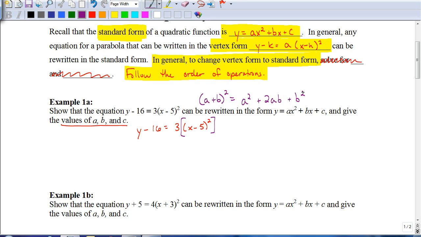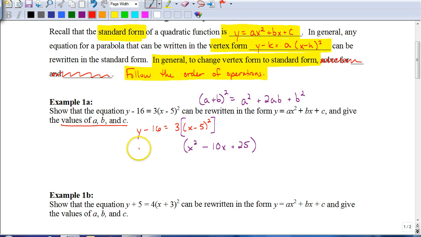So in this scenario, when I square x minus 5, x squared is my first term. My middle term is multiplying these two together, so that's negative 5x. Double that, so that becomes minus 10x. And then the last term, when I square negative 5, becomes a positive 25.